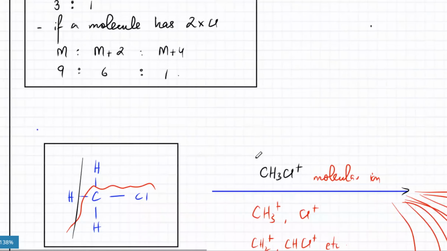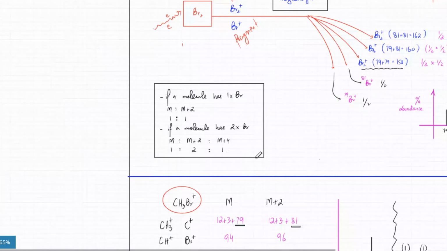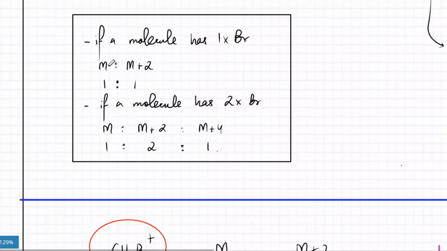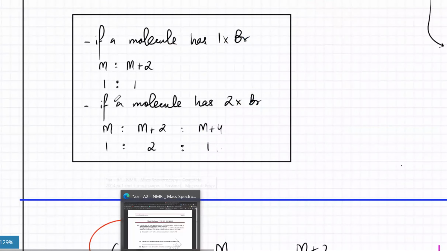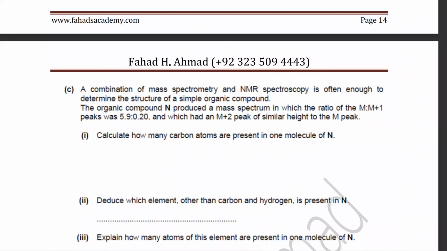ठीक है? Yes. And for bromine, now this next question is about bromine. So if a molecule has 1 bromine, there's going to be an m+2 peak with similar heights, 1:1. ठीक है? But be careful about the ratio, because they're not going to give the ratio probably in the same way. It's 1:1. So this question is saying, okay, there's an organic compound N, it produced a mass spectrum.